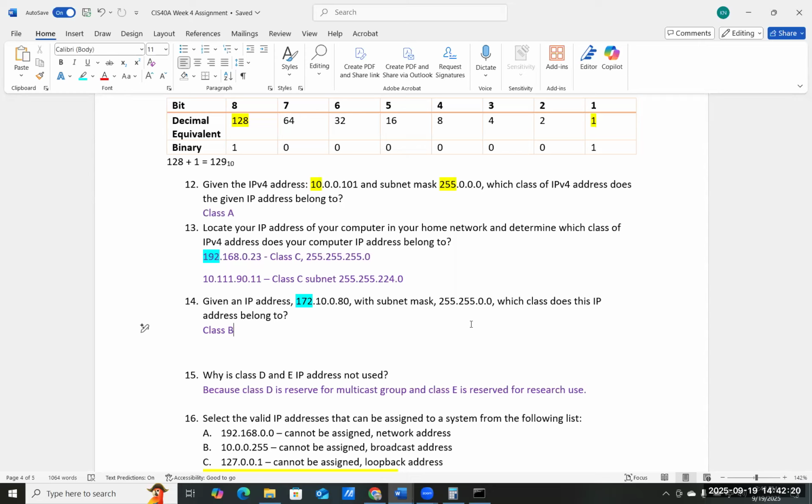We set up multicast groups and do research. If they need a certain IP address for a testing system or researching system, they would refer to class E IP addresses. Technically, those are not given to the public IP range for general use.